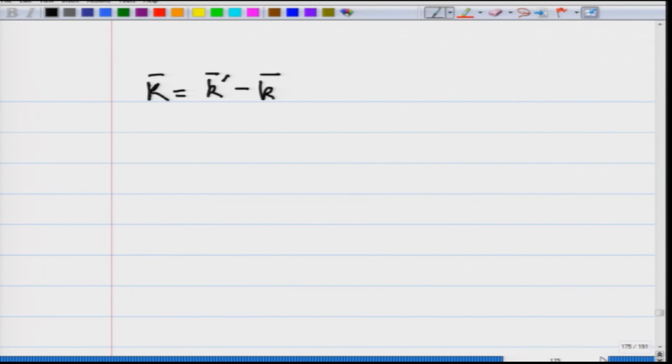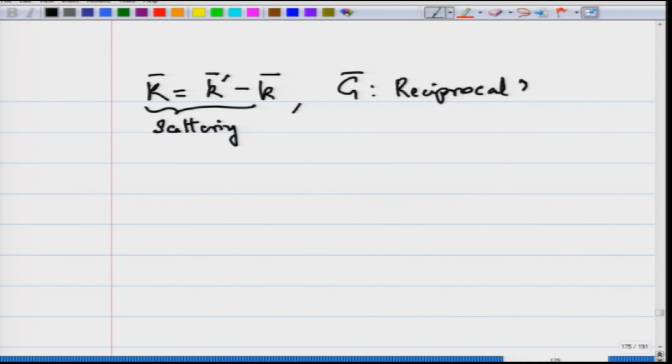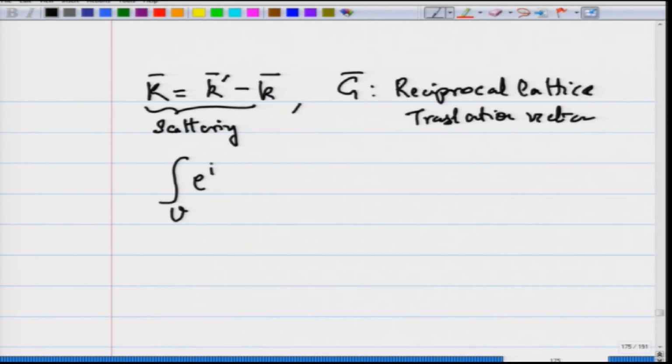If I write down my scattering vector, this is my scattering vector k, and g is my reciprocal lattice translation vector, and my scattered intensity depends on this integral, the value of this integral e raised to i (g minus k) dot r bar d cube r.